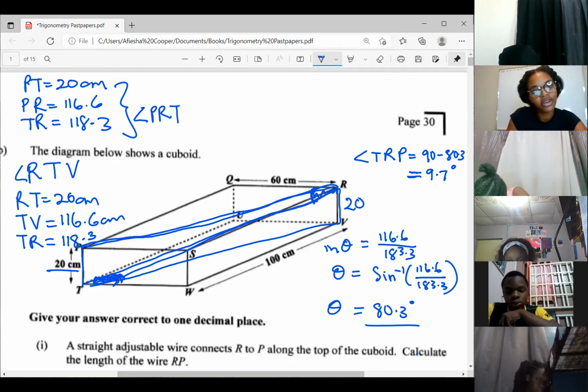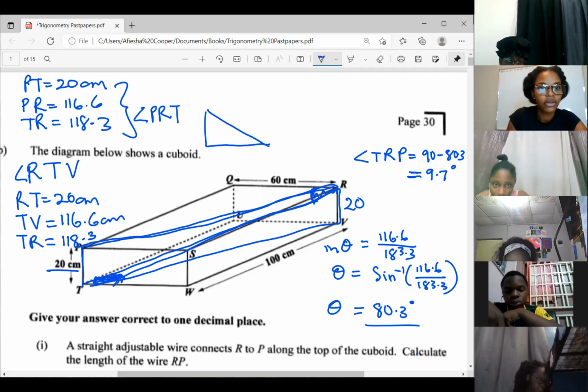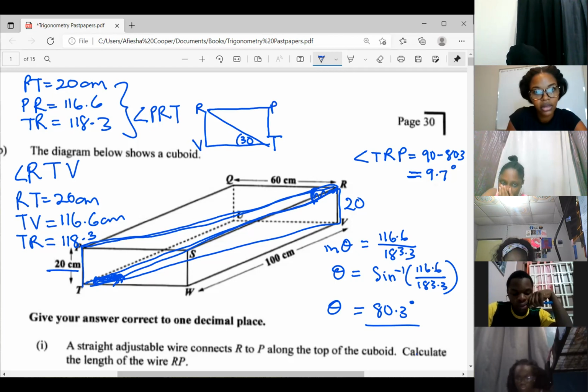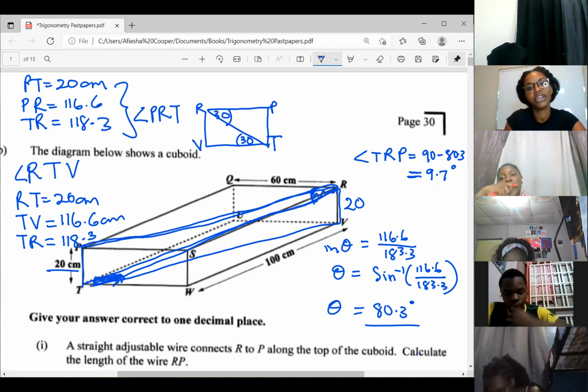So if you want, you could write it out as well, like this. This line here would be RVT, and RTV is the 30 centimeters, and this is P, right? And here will be the 30 centimeters as well when you draw it out. This will be 20, 20.